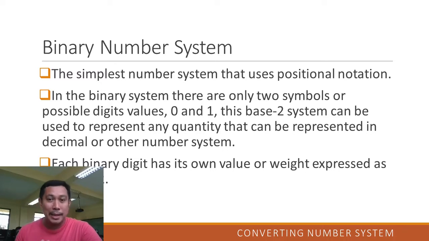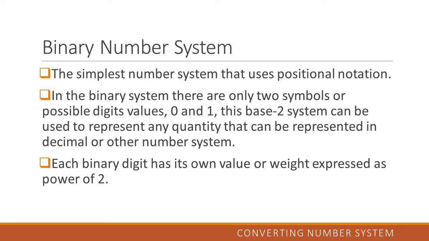Therefore, a binary number system has its representation in the other number systems. And that's what we are going to do now, to know the representation of the binary number system in a different number system, particularly the decimal number system.